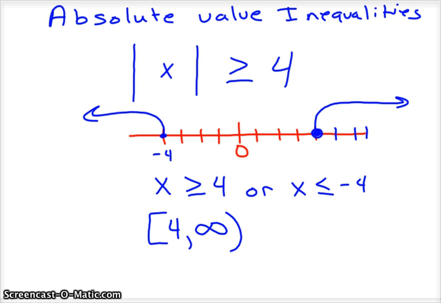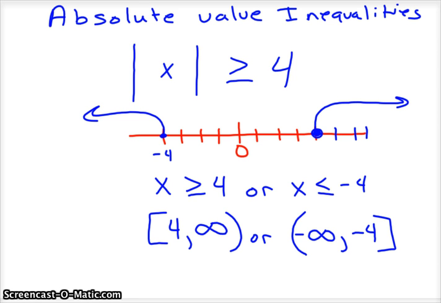Infinity is really not included because it's not a number. It keeps going on and on forever. And then the same would go here, but in this case we would start at negative infinity and go to negative 4, but we include negative 4, so that's boxed in. Okay, and so that would be our notation, I'm pretty sure.